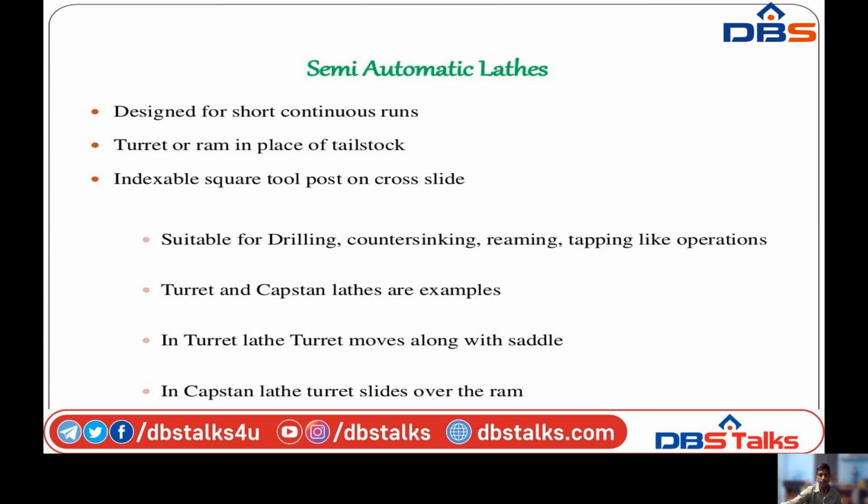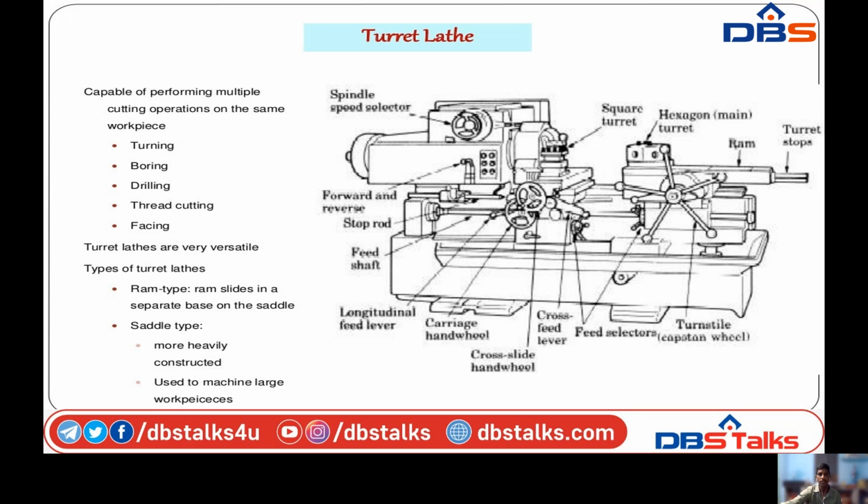We will see what a capstan lathe is and what a turret lathe is. First of all, I am discussing the turret lathe. A turret lathe is used for multiple cutting operations, capable of performing multiple cutting operations on the same workpiece at a time.